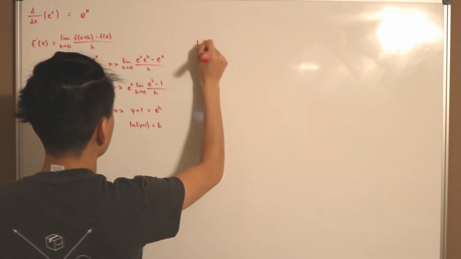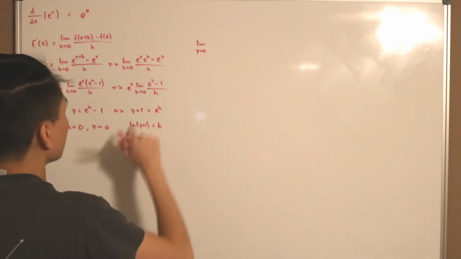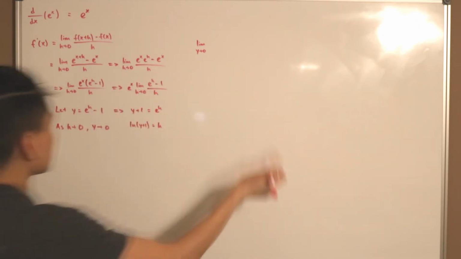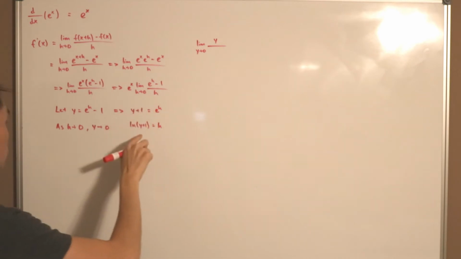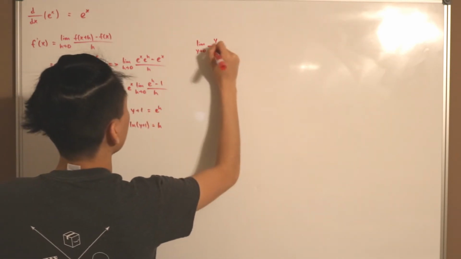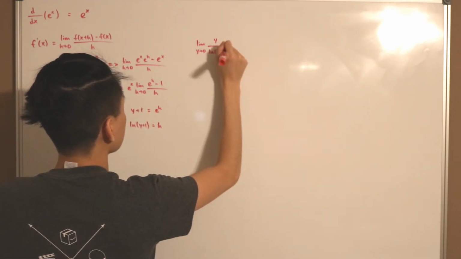So we have everything with the limit as y approaches 0. And so e to the h minus 1, we set that as y, and then divided by h, which we have is ln of y plus 1.